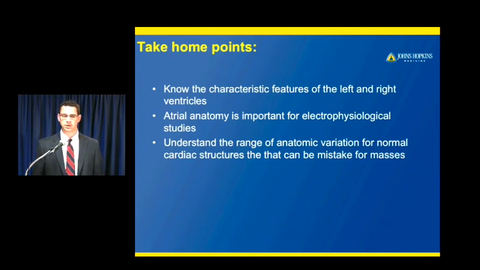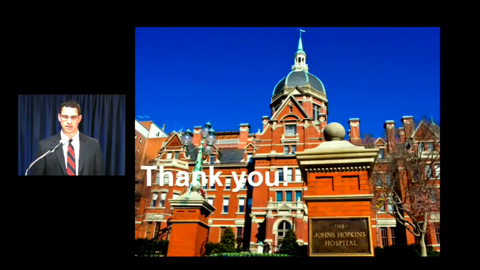Atrial anatomy is important to recognize, and also to report anomalies in patients who are being evaluated for electrophysiological studies. And then it's also helpful to understand the range of anatomic variation for normal structures that can be mistaken for masses. And that's it. I thank you for your attention.